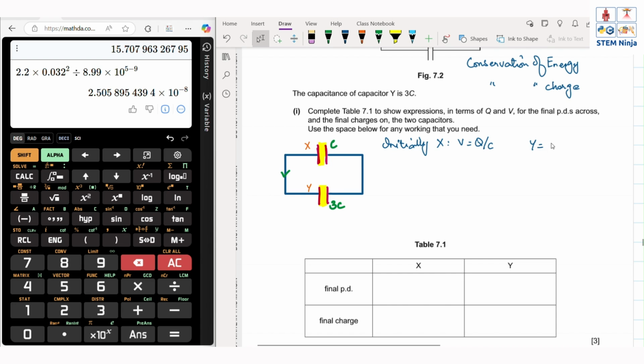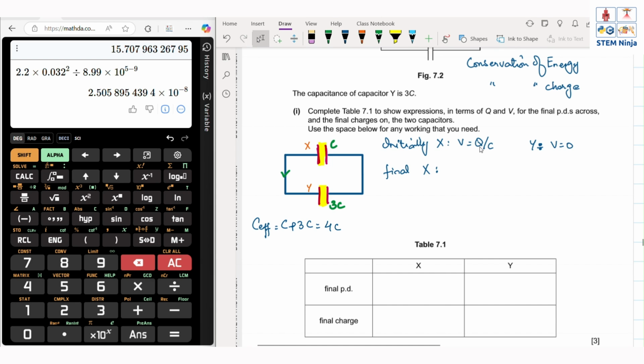And Y will obviously have no voltage because it is uncharged. But for the final X, we need to consider the net capacitance. We remember this from parallel combination of capacitors that capacitances add: C plus 3C is equal to 4C.